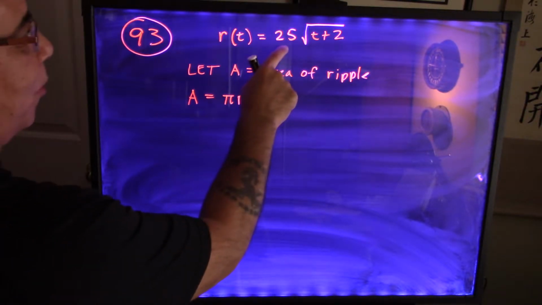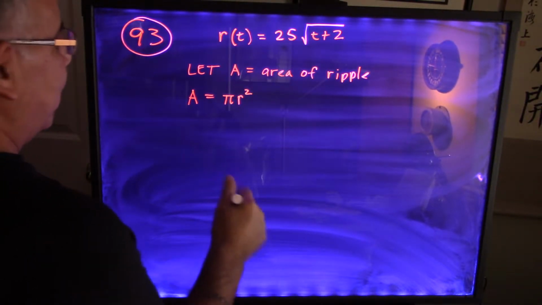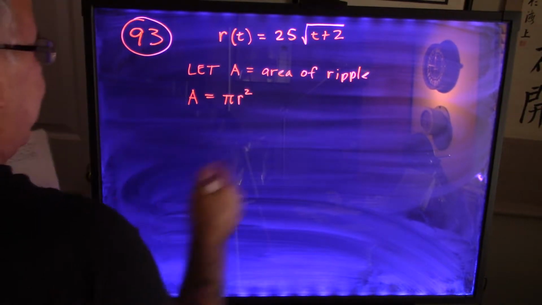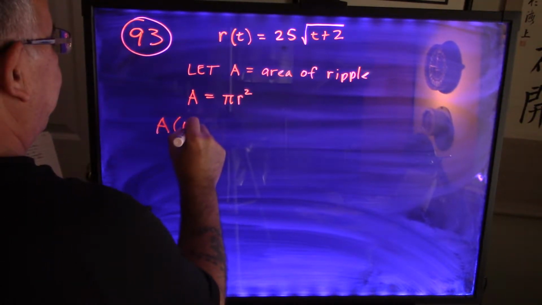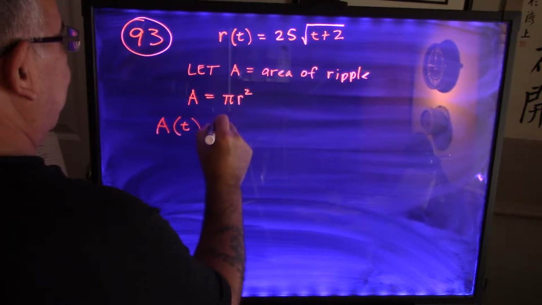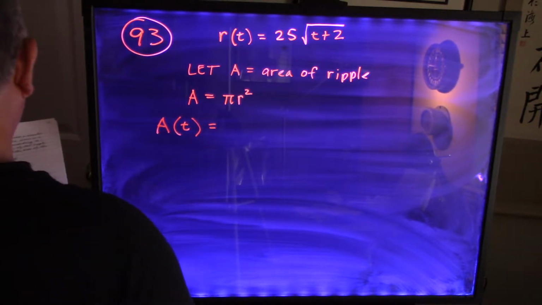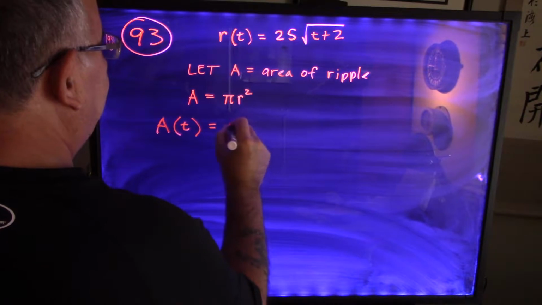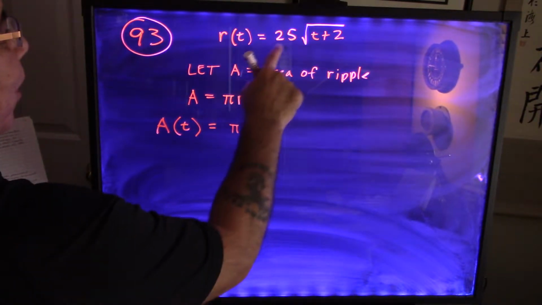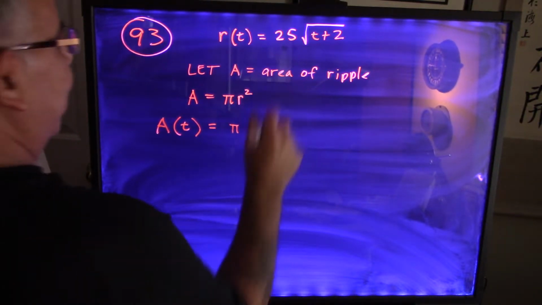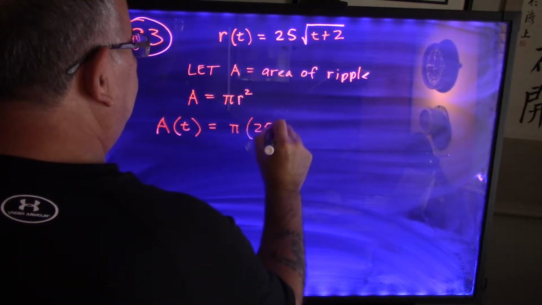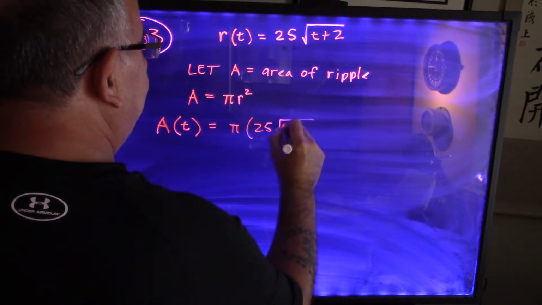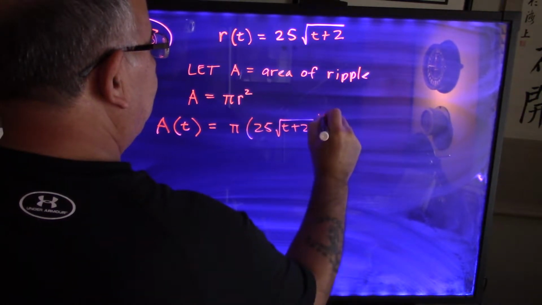Now they gave us this formula right here. So A of t then is now a function of t instead of r. That's what we're doing. We want A of t, that's pi r squared, except for r I'm using this formula here. Alright. So that's pi times 25 square root of t plus 2, squared.